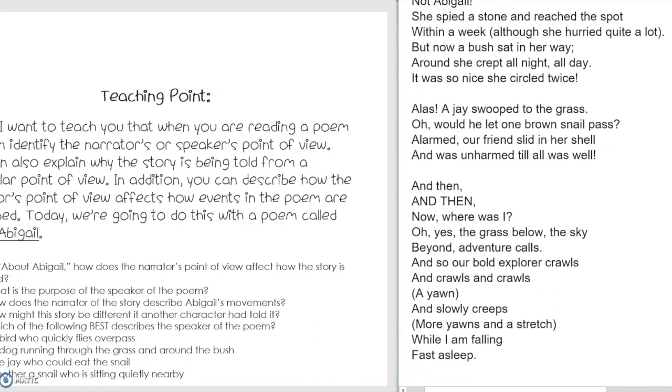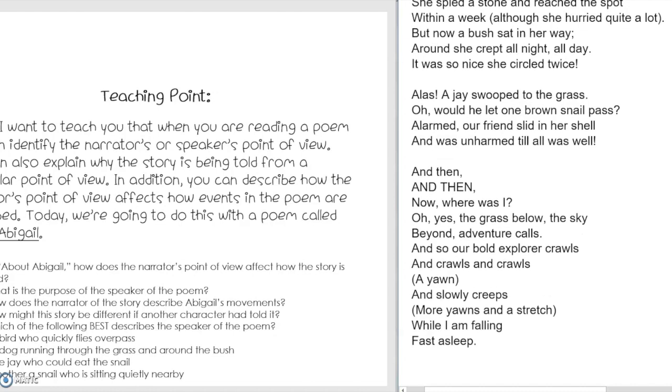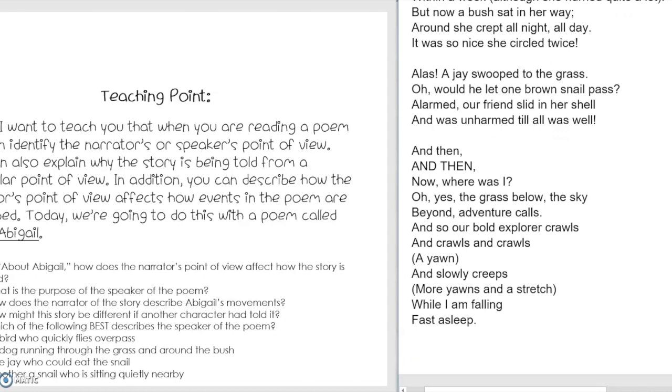And then, now where was I? Oh yes, the grass below, the sky beyond, adventure calls. And so our bold explorer crawls, and crawls, and crawls, a yawn, and slowly creeps, more yawns and a stretch, while I am falling fast asleep.